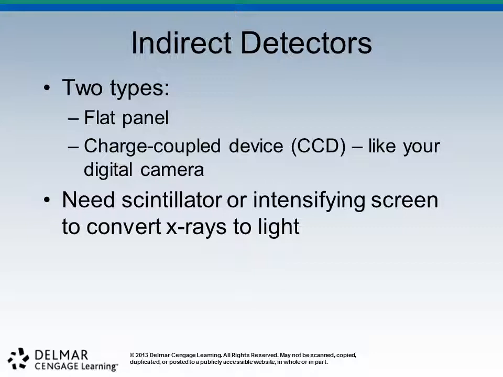Some of them use a scintillator, and that converts X-rays to light, so that's an indirect step. And some of them take the ionization events and convert them directly into electronic signal. So we've got indirect and direct. Two different ways that DR works, indirect and direct. Okay?